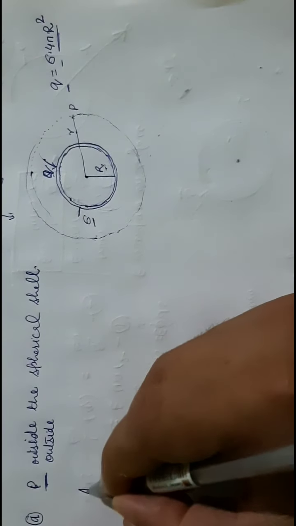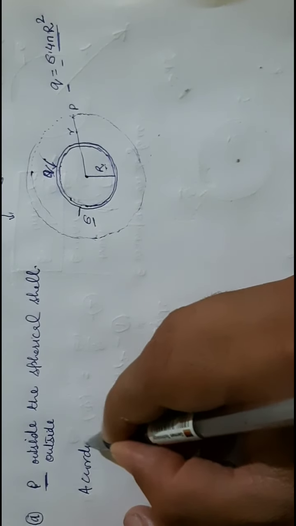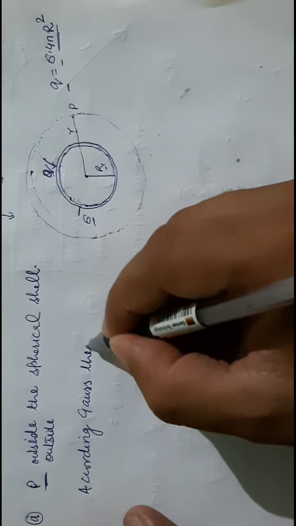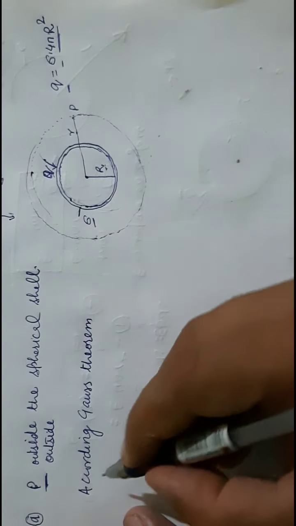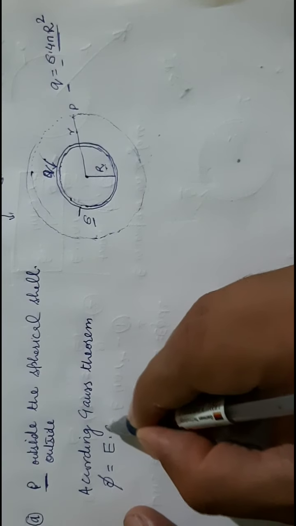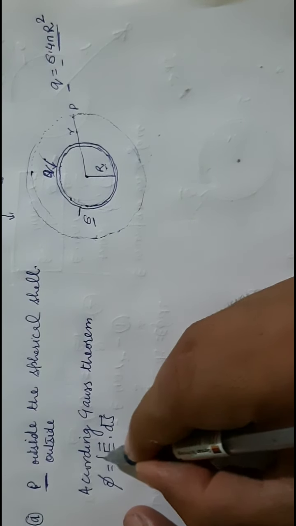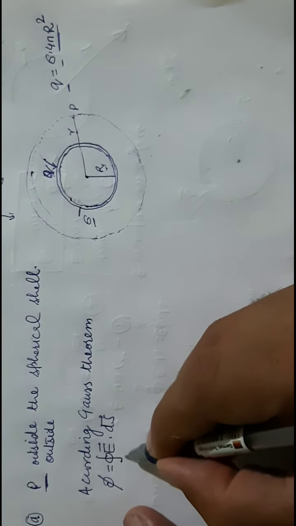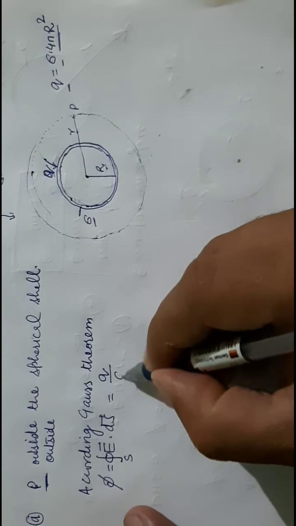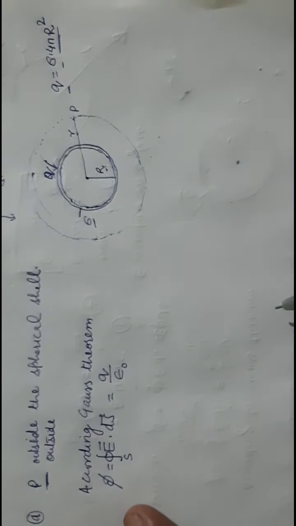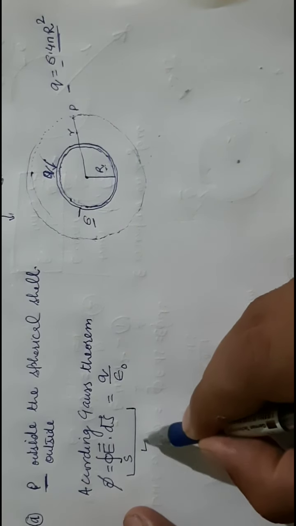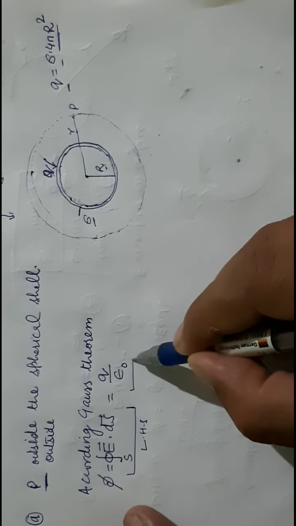According to Gauss theorem, the total flux coming out of it, that is the integral of E dot ds around a closed surface, is equal to the total charge enclosed divided by epsilon naught. So I divide this into a left hand side and a right hand side.